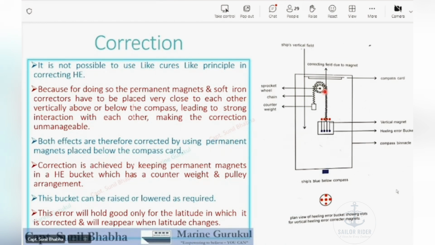Now, since in this correction we have not been able to follow the like cure like principle, this error is going to hold good only for the latitude in which it is corrected. And as soon as the latitude of the ship changes, the error is going to reappear.